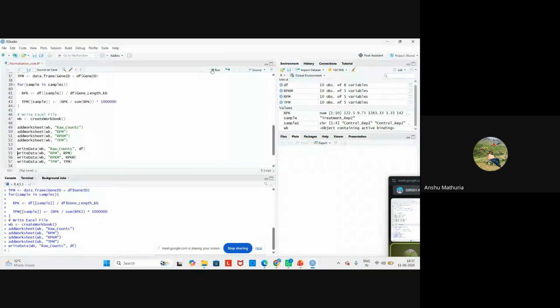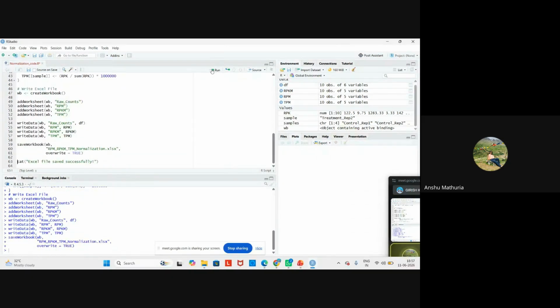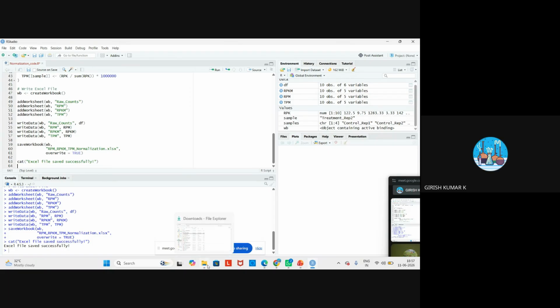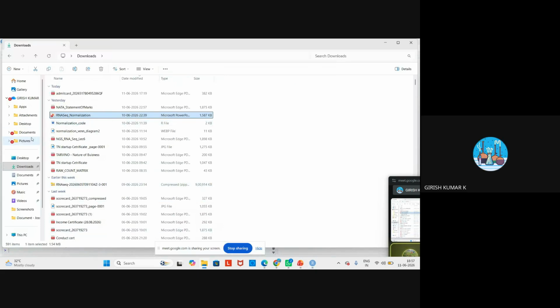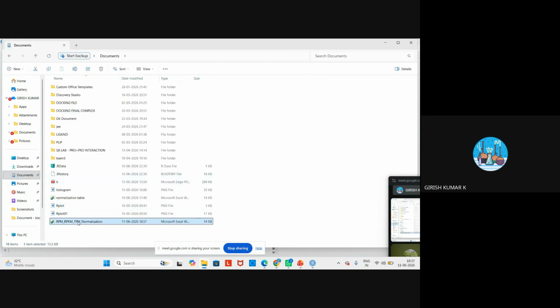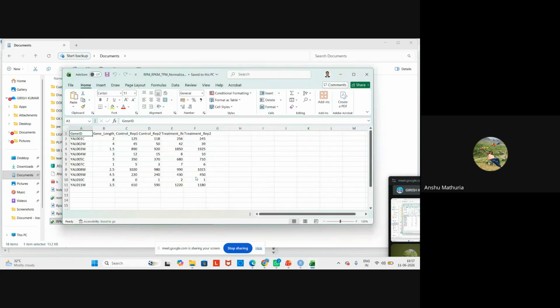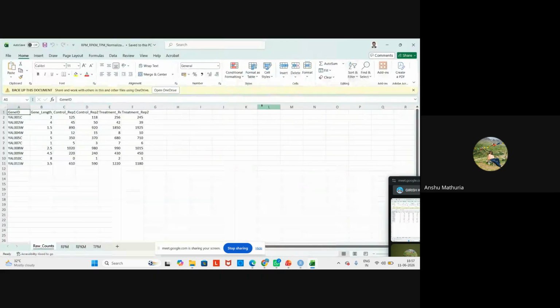Can you show me the table that is created? After creation, it will be stored in my documents. This is the Excel file given by you.